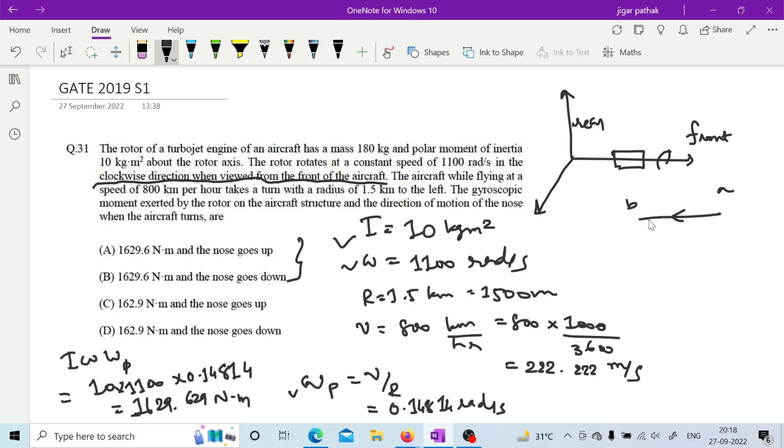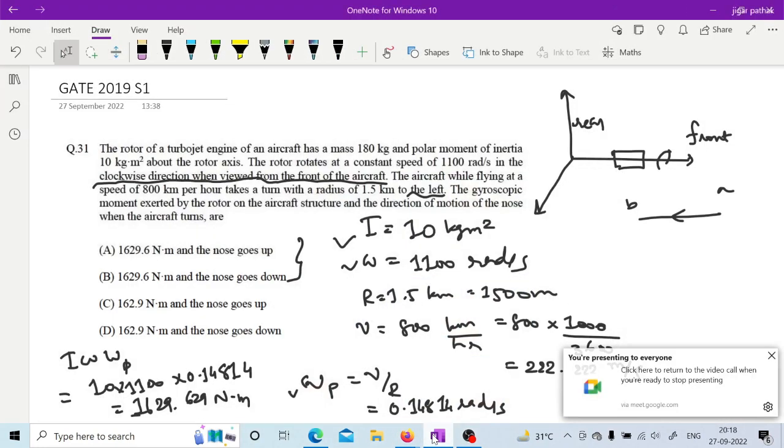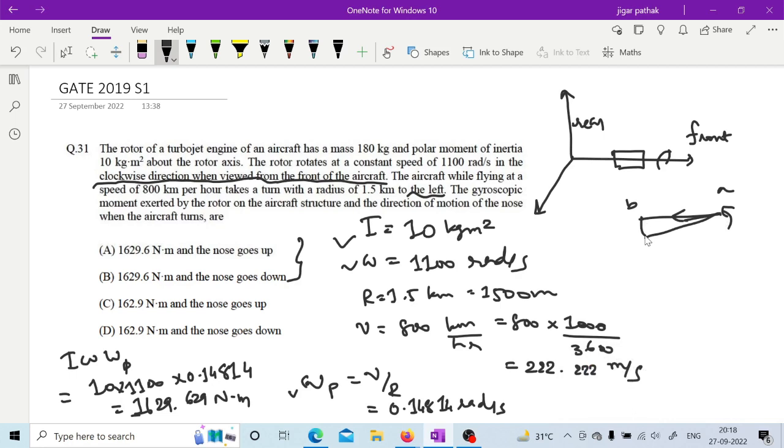Now the vehicle is flying at a speed of 800 kilometers per hour. It is going to take the left turn. When it takes a left turn, you will have one more couple generated like this, and this will be the active gyroscopic couple.